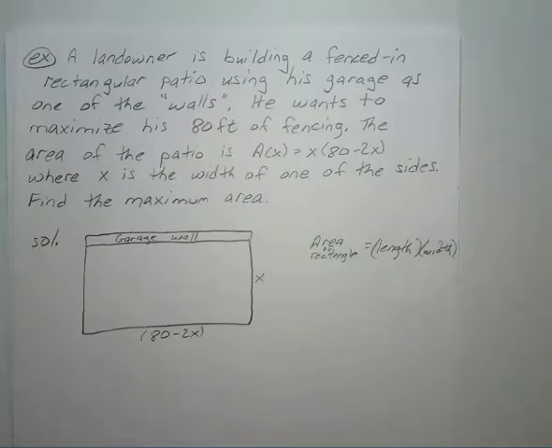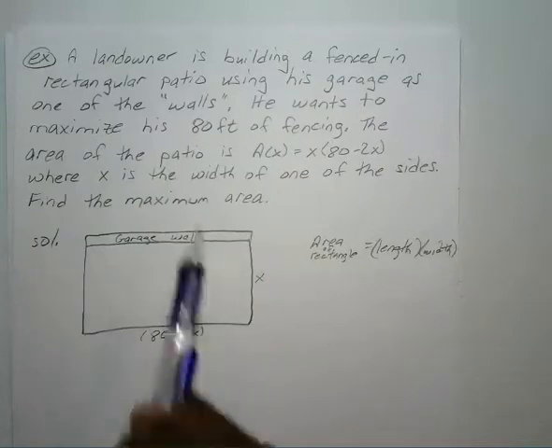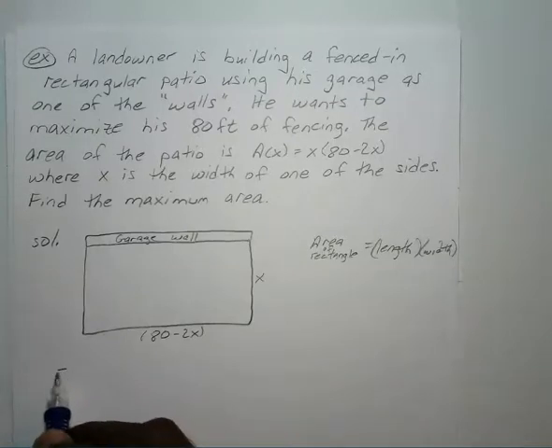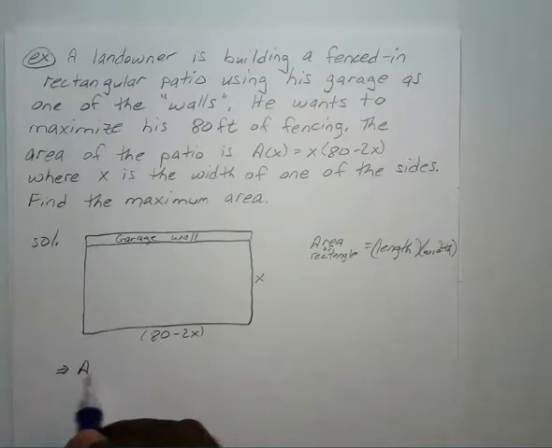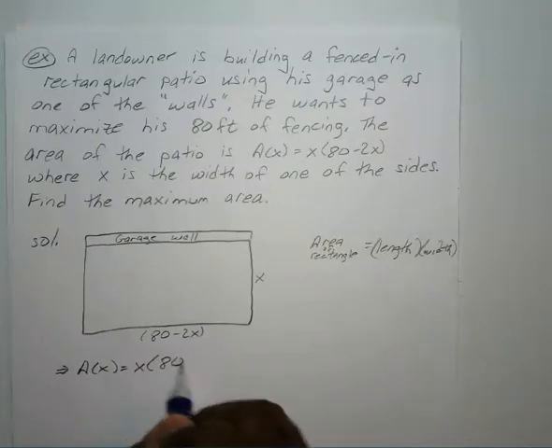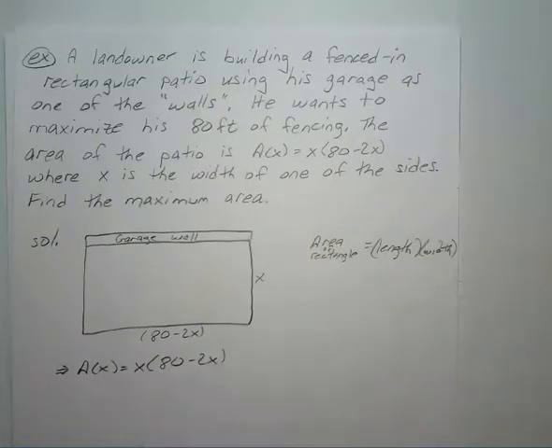Okay, so we want to maximize our area. Okay, so we have 80 actual feet of fencing. We want to get the largest area we can. Okay, so we have our A of x equals x times 80 minus 2x.